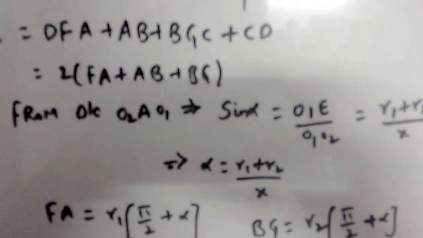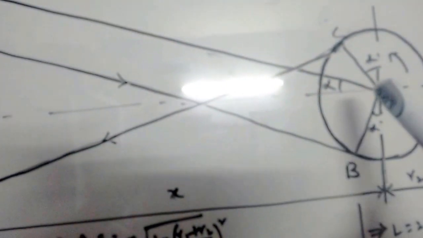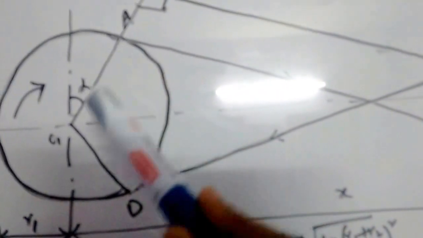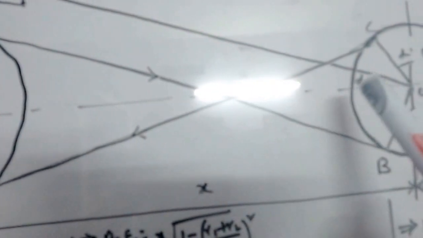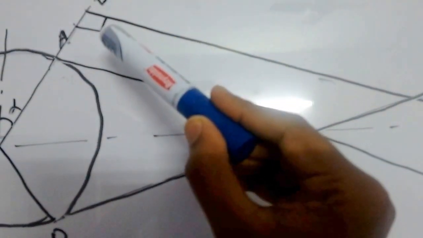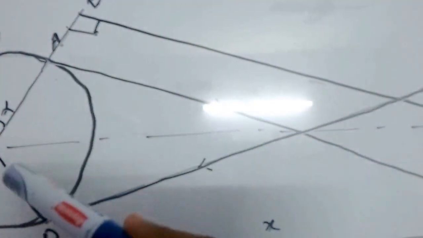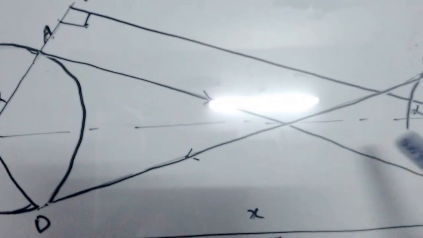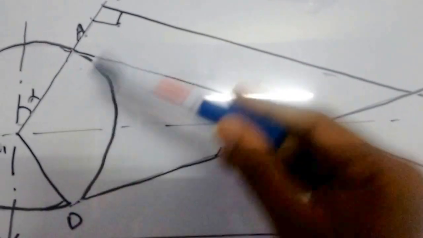From the triangle O2 A O1, sine alpha is equal to O1E divided by the hypotenuse O1O2.